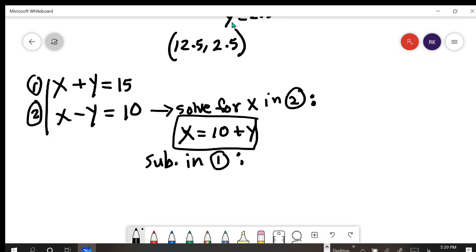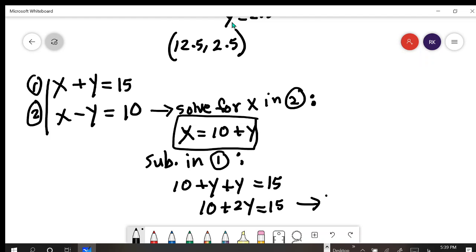So what do we get? Equation number 1 says x plus y equals 15, but our x is 10 plus y. So this is 10 plus y plus y equals 15. So that's 10 plus 2y equals 15. So 2y equals 5, so y equals 2.5, which is the same answer we just got, right?